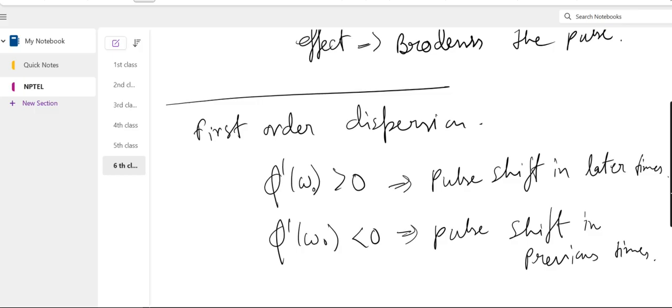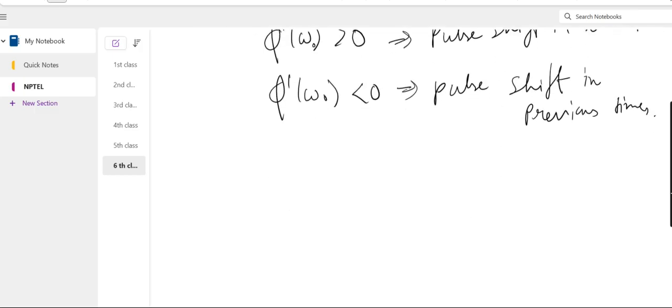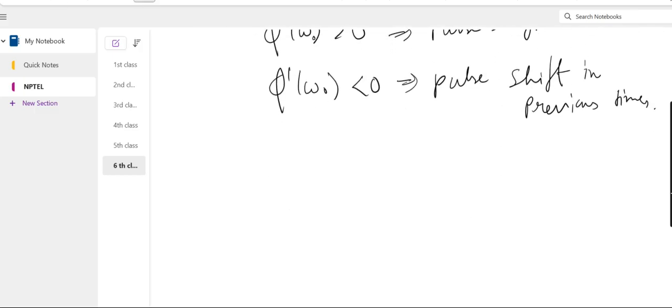Basically pulse shifts to the right hand side, pulse shifts to the left hand side.